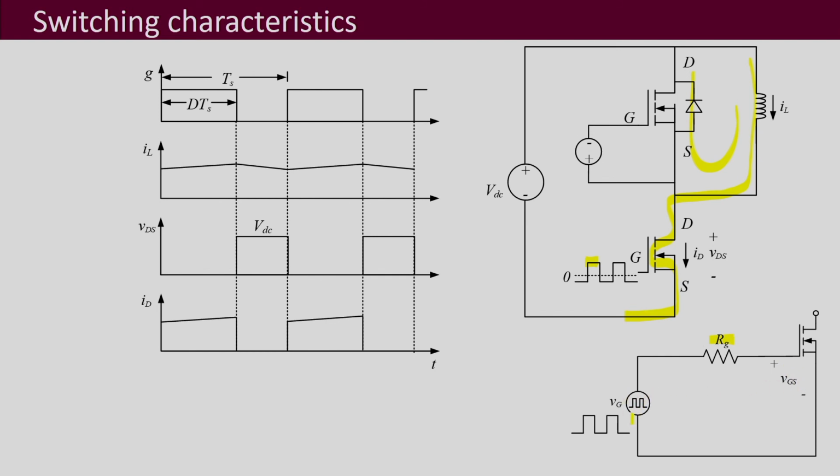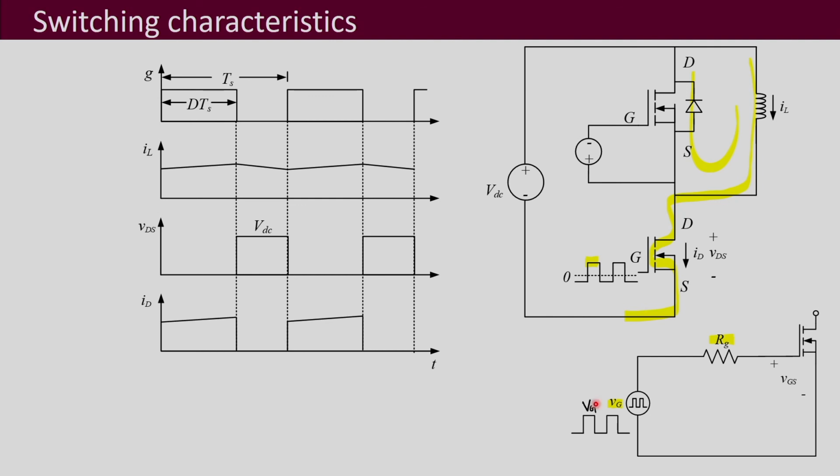This is represented with a pulsating voltage source denoted as small vg, and let us say the maximum voltage it goes to is capital VG.